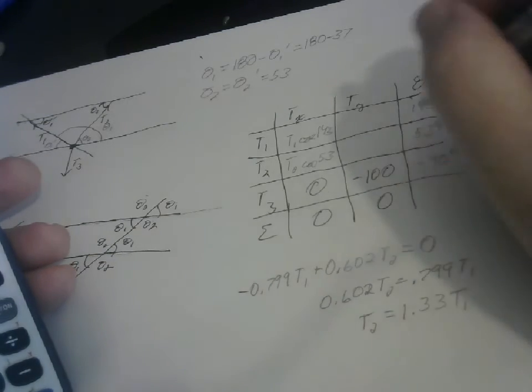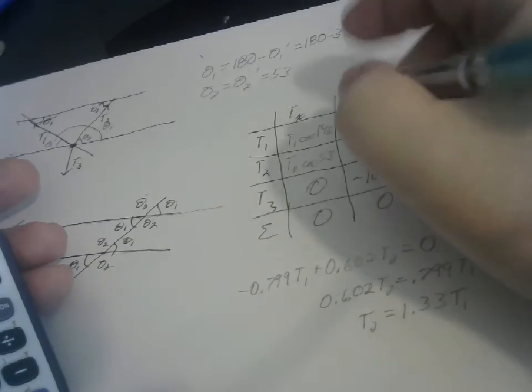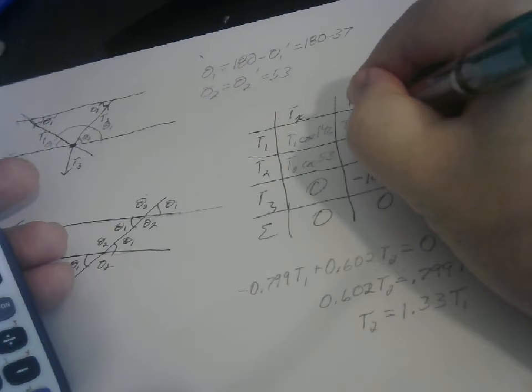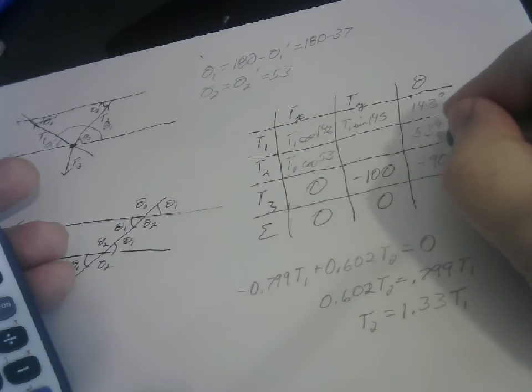So now I can fill in the next column. This is T1 sine 143, and T2 sine 53.